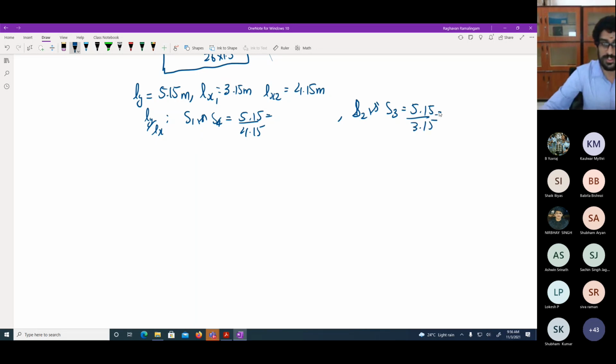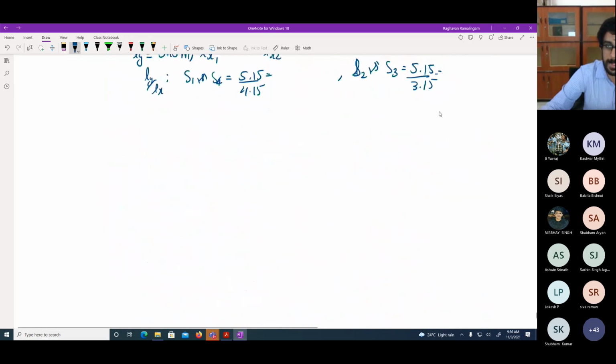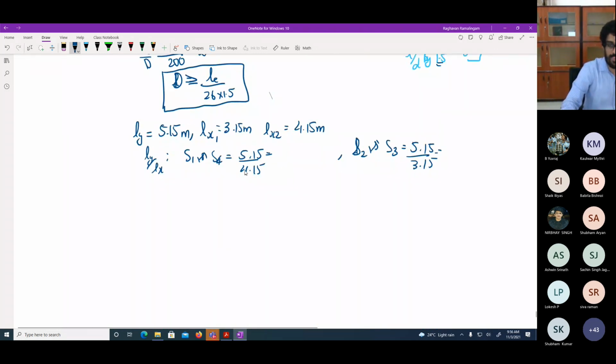So how much are the aspect ratios? 5.15 by 4.15, how much? 1.241. Similarly, if you do this for the other, we get about 1.63. So these are the aspect ratios. This is also done. Next is the load calculations.